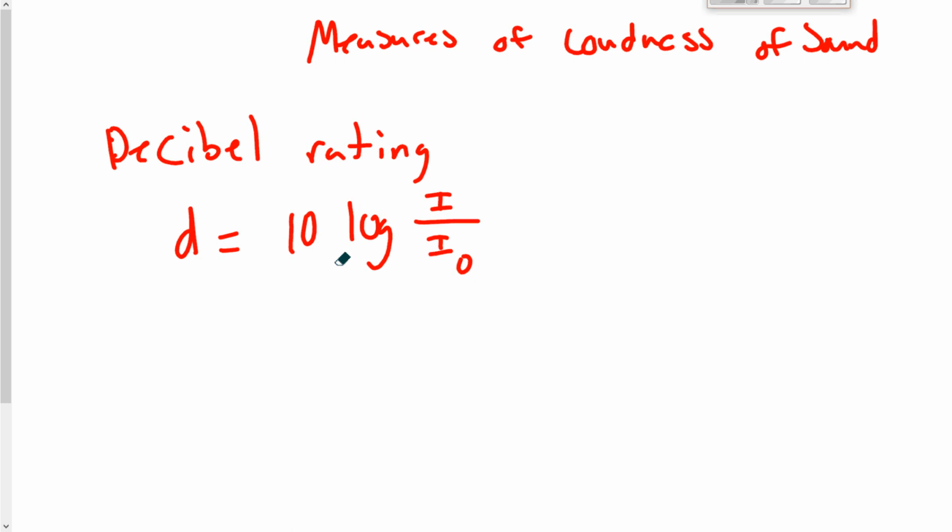D is equal to 10 times the log of the quotient I over I sub 0, where I is intensity. So I is an intensity, and then the I sub 0 is just kind of our initial intensity, like the beginning of our sound, called the threshold sound.